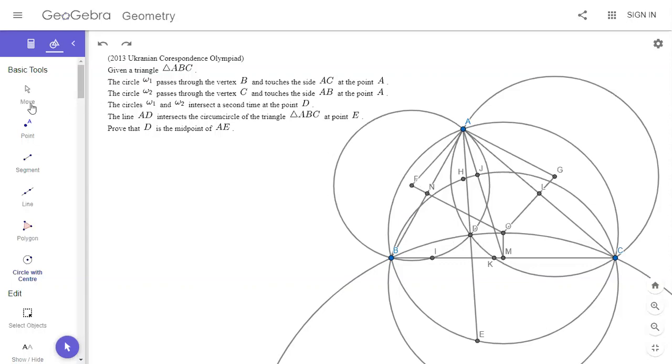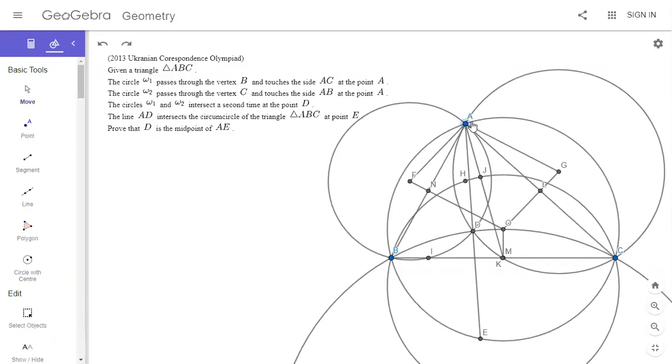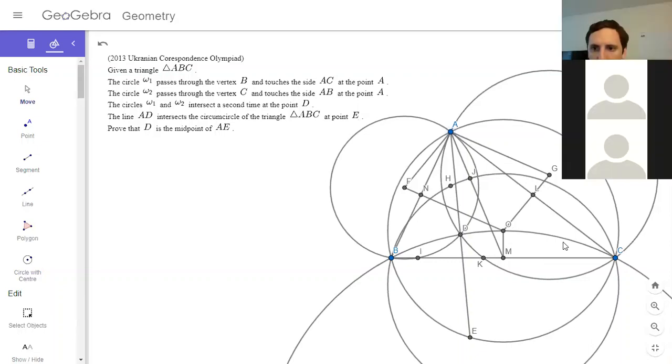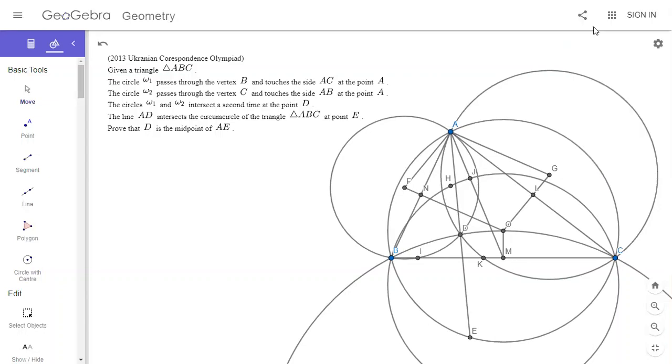So NDK. Let's see. Is ND parallel to AL or something? I don't think so. No, because MN is parallel to AL. Oh, yes.